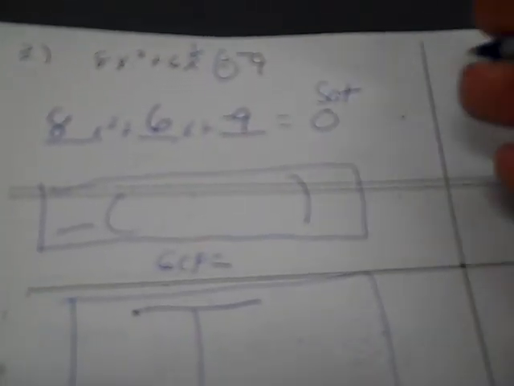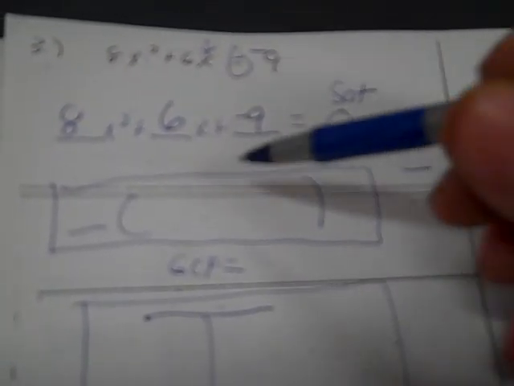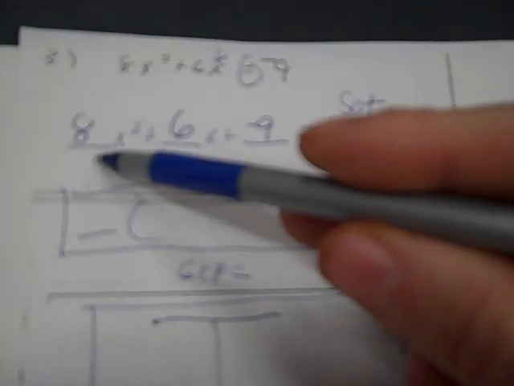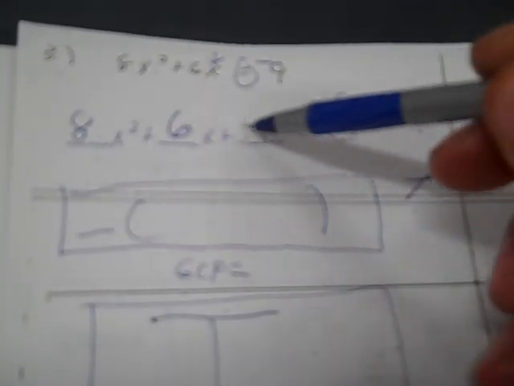Okay, now my next problem, the boxes have been set up. So the GCF, we don't need the negative because the 8 in front's positive. We don't need x because not all these have x. Then 8, 6, and 9, we're going to punch that in. And I got 1, okay?